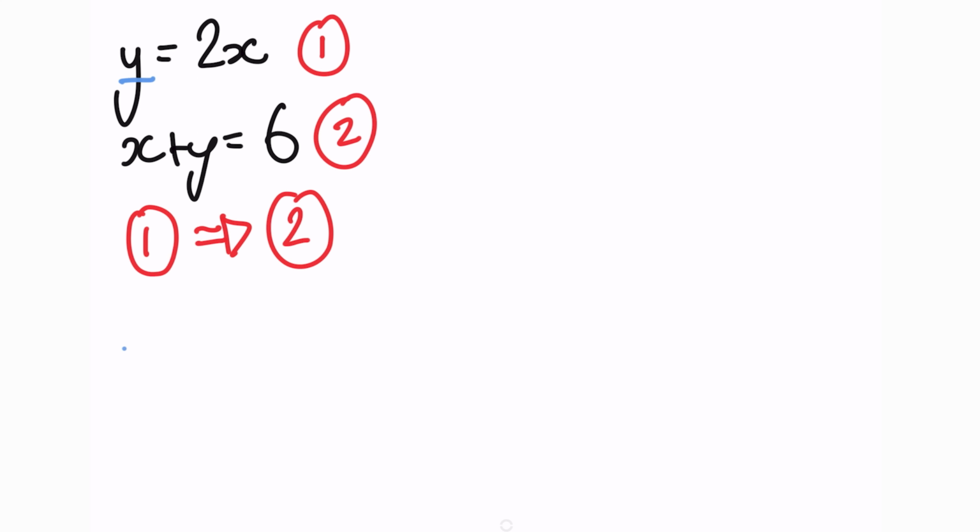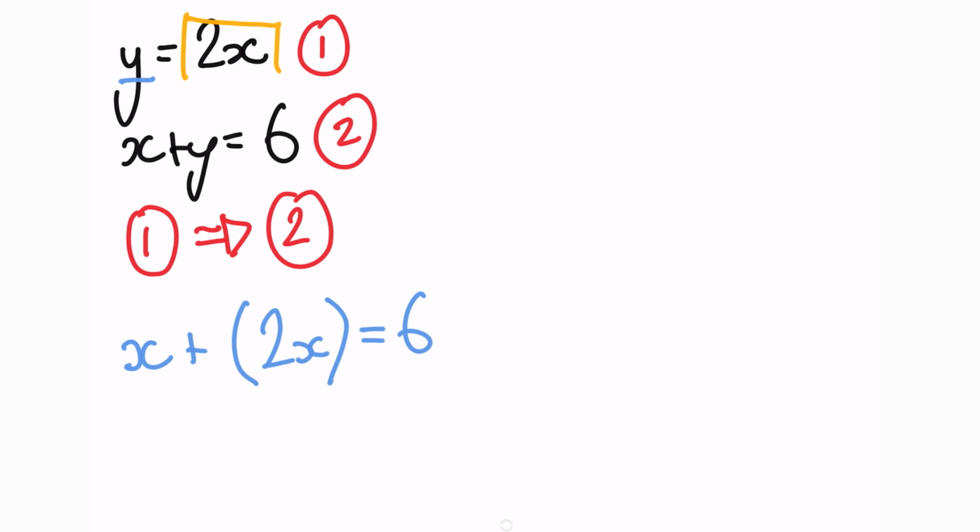So where we have x plus y equals 6, we're going to substitute y equals 2x into the second equation's y. So what I mean is, we'll now have x plus 2x equals 6. So we've basically inserted the 2x into where the y is in the other equation.